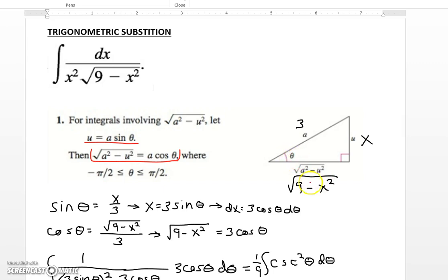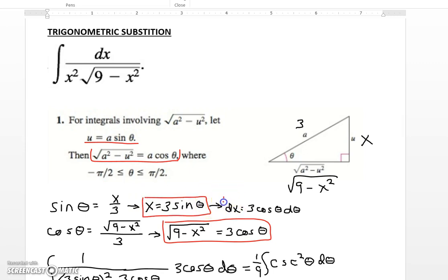Theta, we have the adjacent side over the hypotenuse. Cosine of theta is the adjacent over the hypotenuse. Multiply both sides by 3, and that gives us this representation for the square root, and this representation for x.